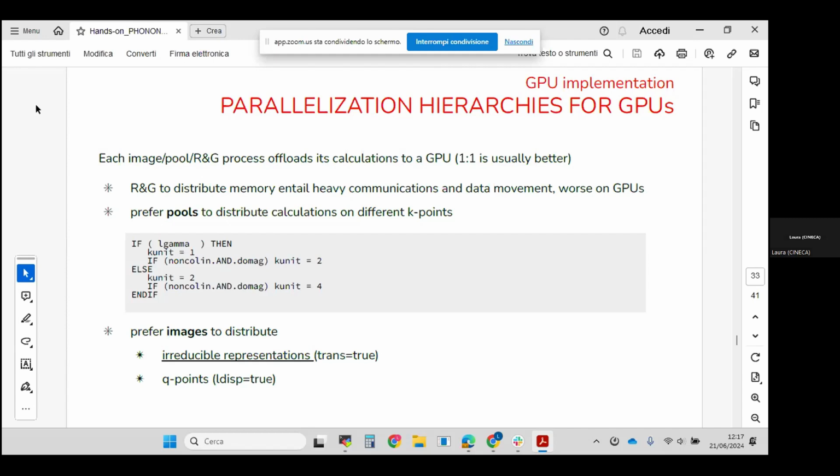For phonon dispersion, you can use images to distribute the computation over different Q points, because the computation of the dynamical matrices for the different Q points is totally independent. As in the first case, the dynamical matrix for a given Q point can be split into independent calculations on the different irreducible representations.